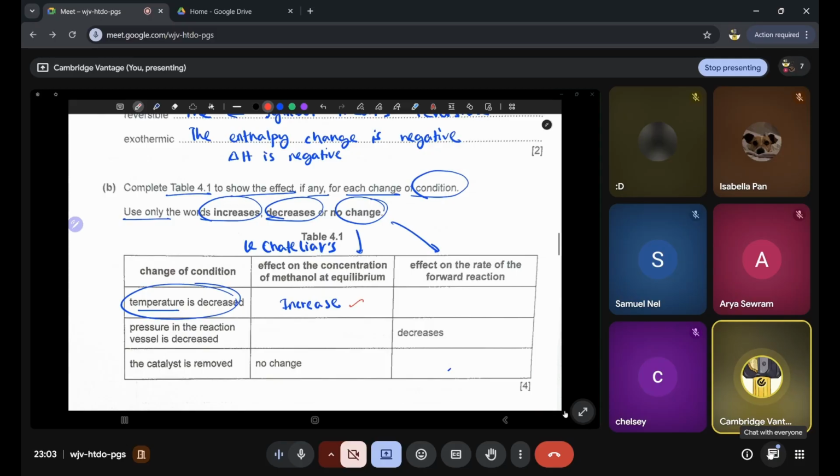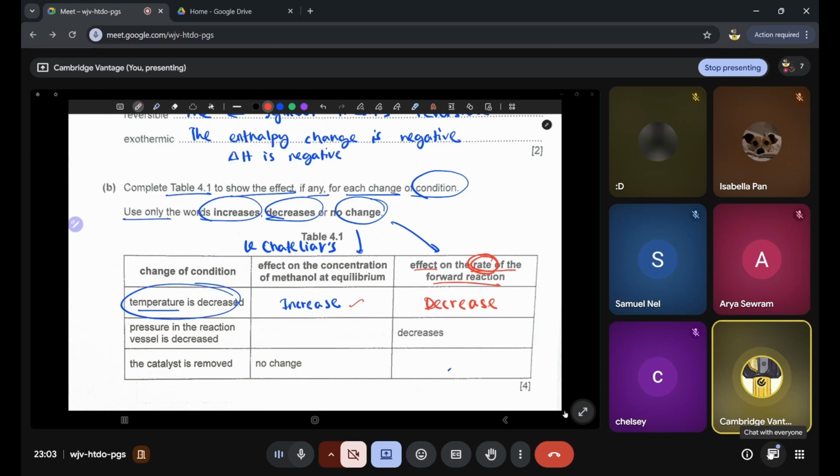And in that case, Arya, can you tell me what will happen to the rate of forward reaction? Yes, it is going to decrease. Now, some of you might wonder how is it that the equilibrium is shifting to the right side, but we are saying that the rate of forward reaction is decreasing. The main emphasis is on the rate.